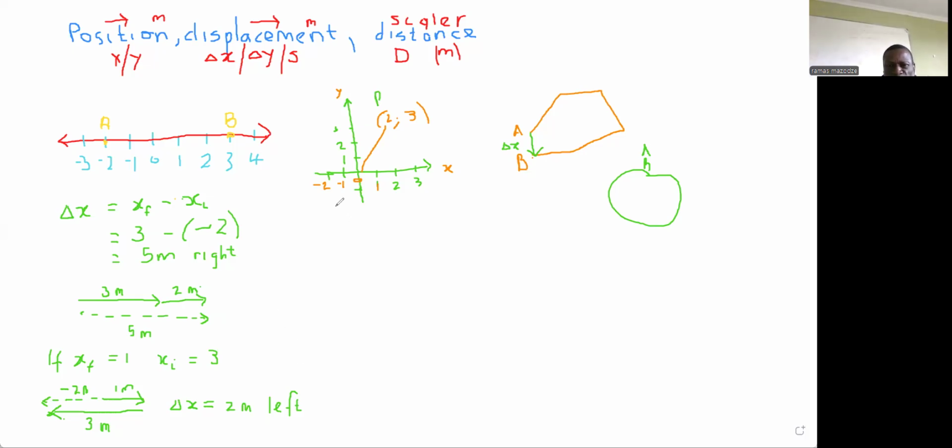Let's come to this one. Let's say a car moves to the right, 2 meters, and then it moves upwards at 90 degrees.